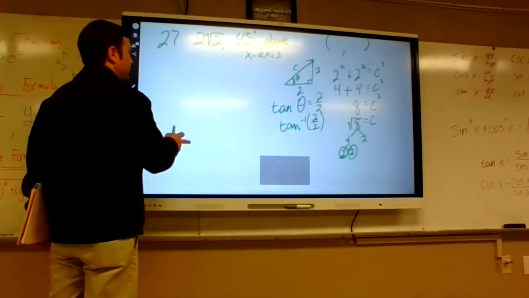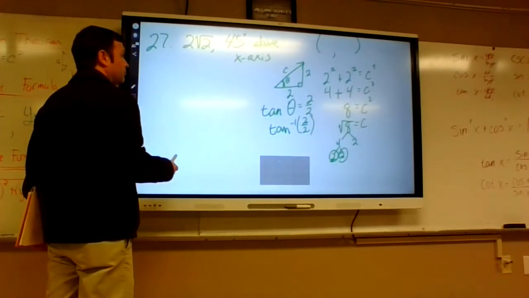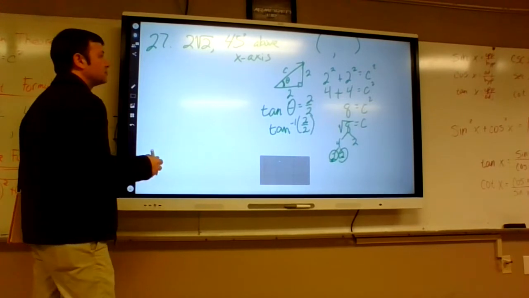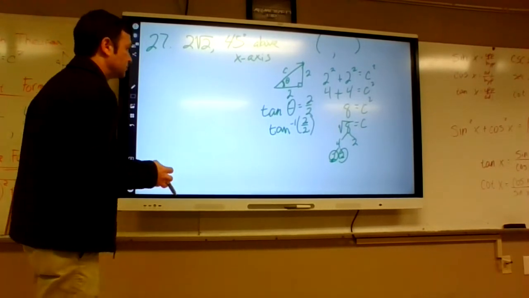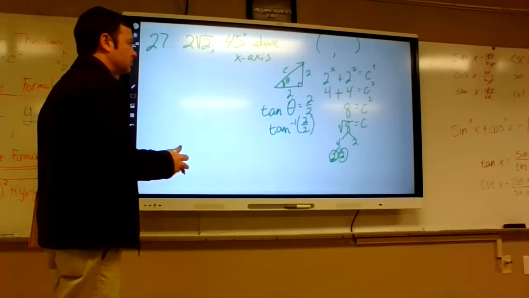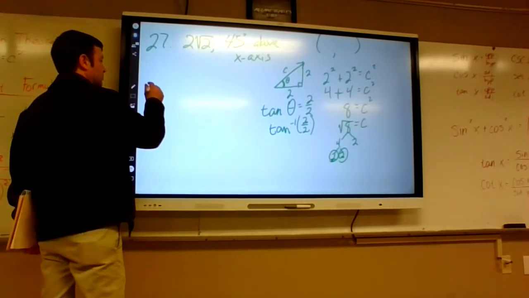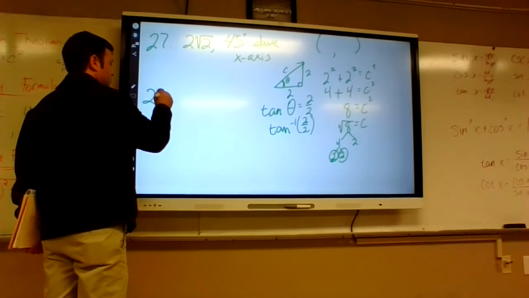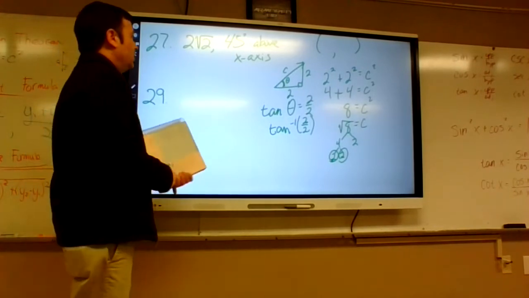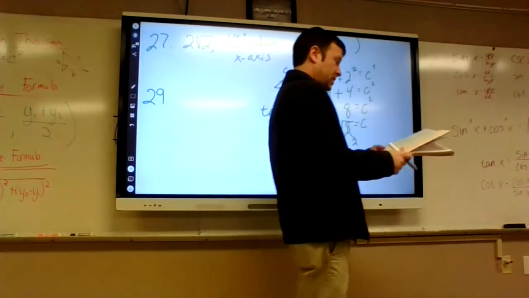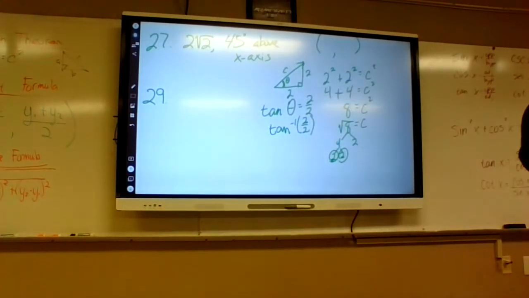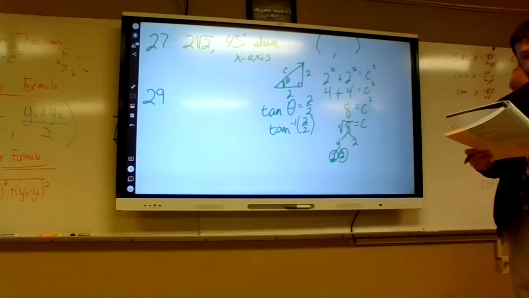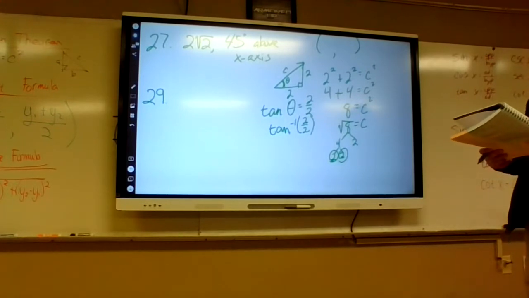I'll probably just accept 45 degrees. All right, 29, I think 29 is the same kind, right? I like it. Okay, it's vector u plus vector v.